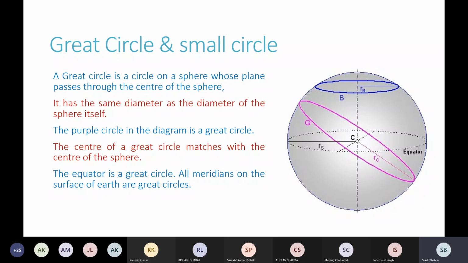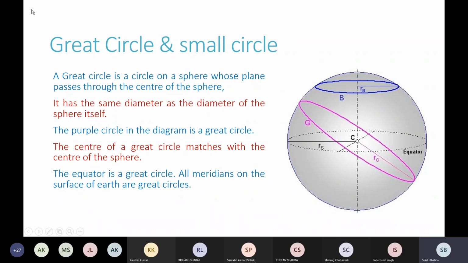If these points are diametrically opposite, then we can have an infinite number of great circles passing through them. Like you have in the case of the poles. The poles are diametrically opposite, so there can be an infinite number of great circles that can pass. As an example, all the meridians, 0 to 180 degrees east and west, are all great circles, and they are all passing through these two points, that is the North Pole and the South Pole.